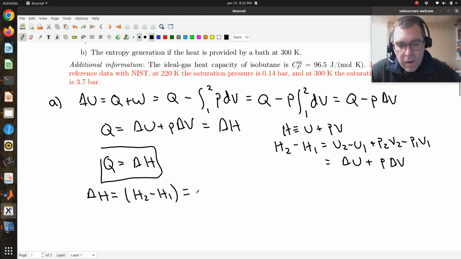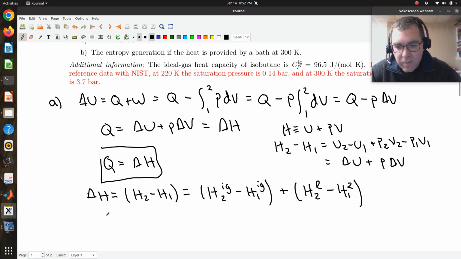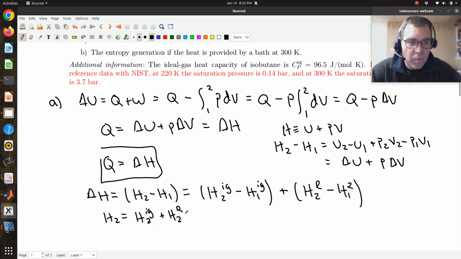And I'm going to break that down into H2 ideal gas minus H1 ideal gas, the difference in ideal gas values, plus the difference in residual values, H2R minus H1R. For completeness, H2 is equal to H2 ideal gas plus H2 residual. Remember, residual property is actual relative to that of an ideal gas.